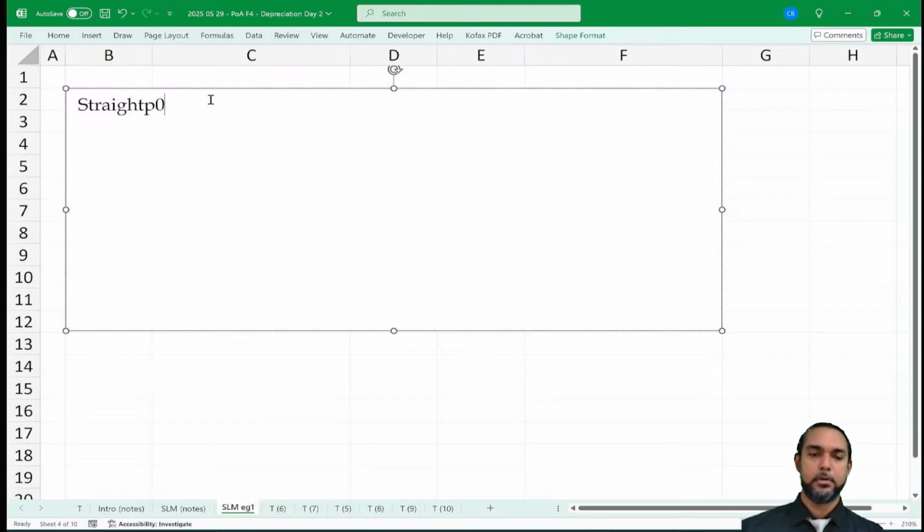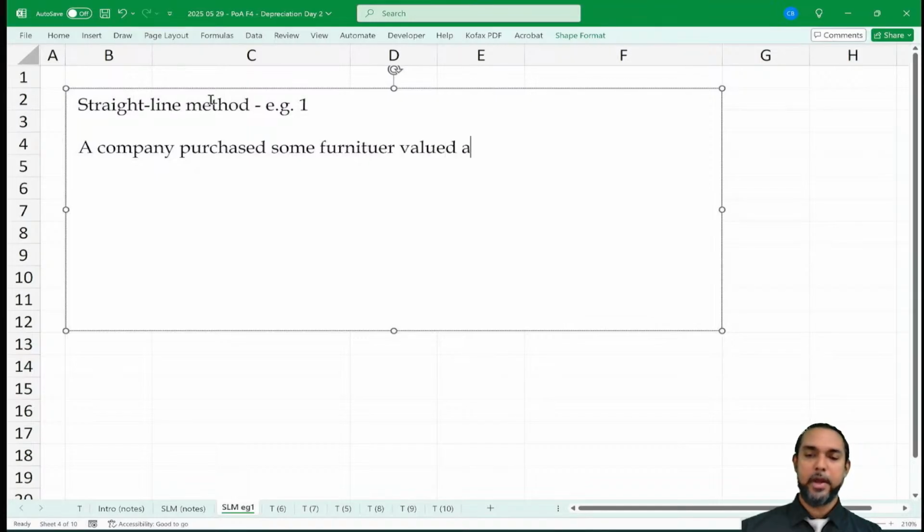Straight line method, example 1. So, a motor vehicle, no, let's use some furniture here. So, a company purchased some furniture valued at, let's say, $10,000 on 1st of Jan 2021.